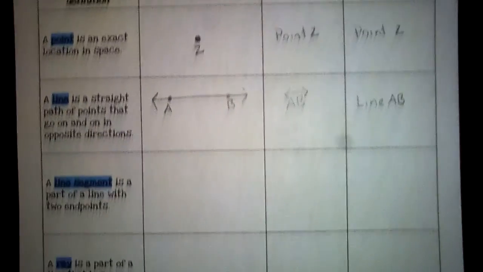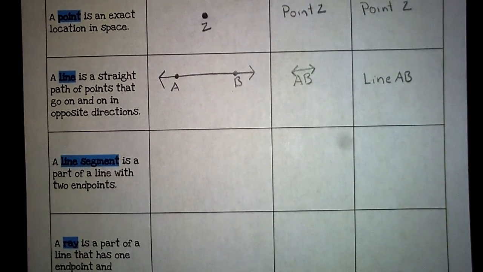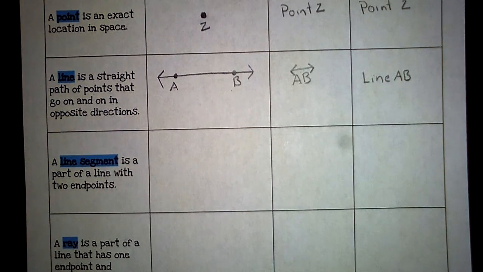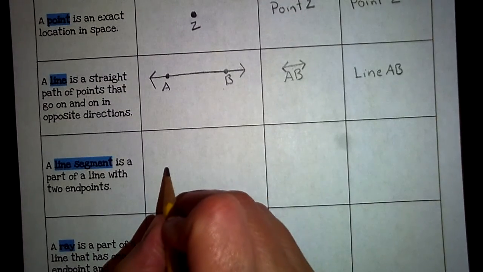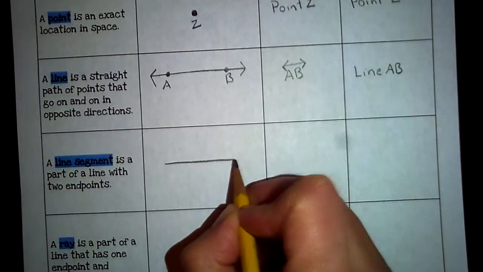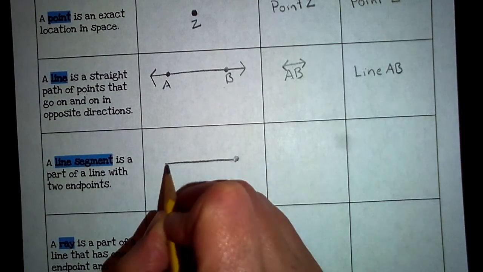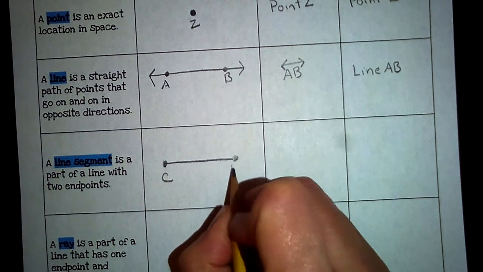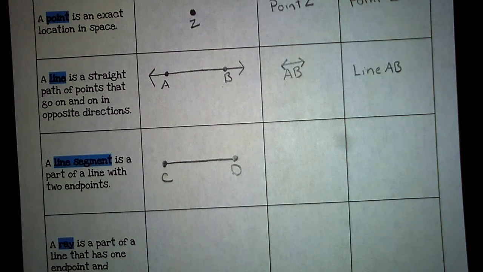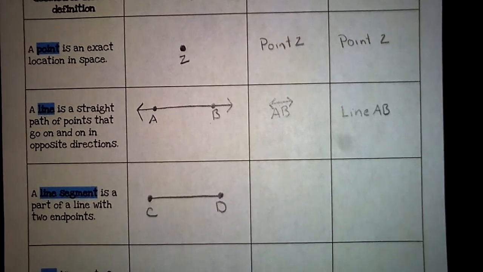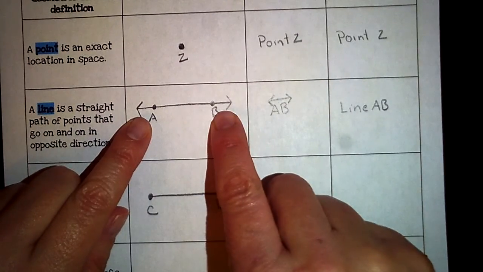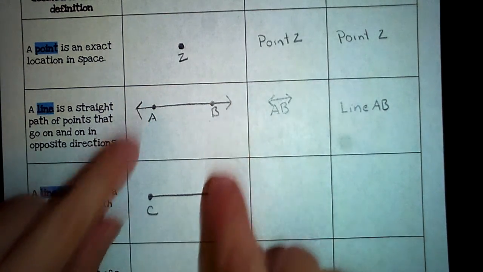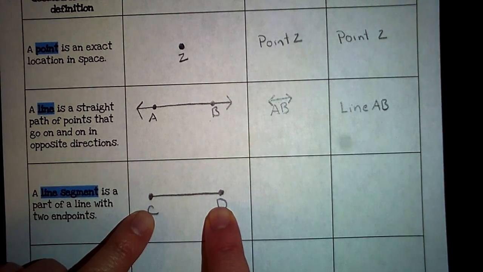Okay, moving on. A line segment. So a line segment is part of a line with two endpoints. Well, what does that look like? It looks like this. That's a line segment. So it's as if we went to our line and we cut a piece out of it. And that is what a line segment is. It's just a part of a line.